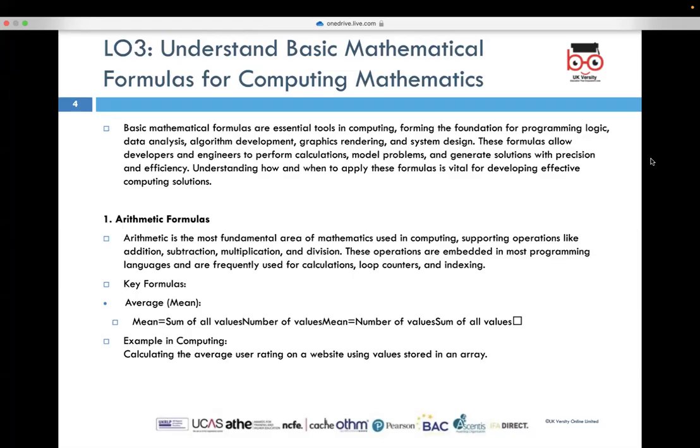For example, if there are four numbers, 2, 3, 4, and 5, you would add 2, 3, 4, and 5, which is 14. Then you would divide that by 4, because there were 4 numbers there. An example in computing is calculating the average user rating on a website using values stored in an array.